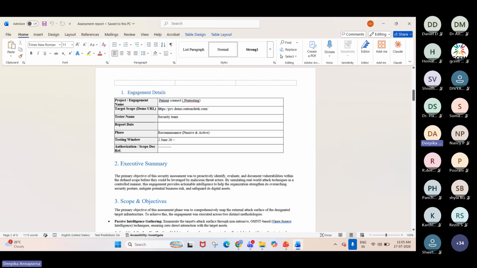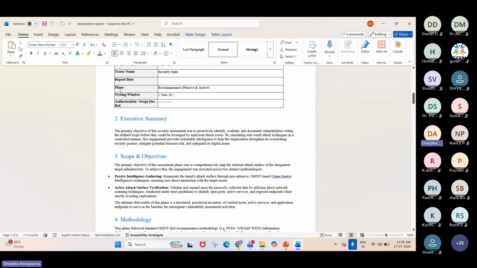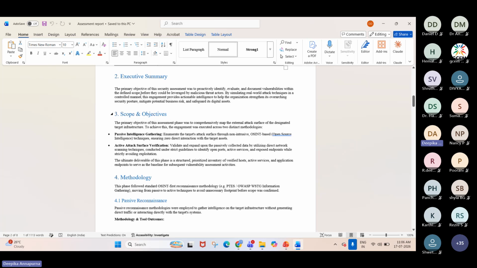So what are the engagement details? What is the name of the project? What is the scope, and what is the website? Who is testing it? What phase is happening? This is reconnaissance, passive and active. This happened in June. We'll have an executive summary of what has been done.